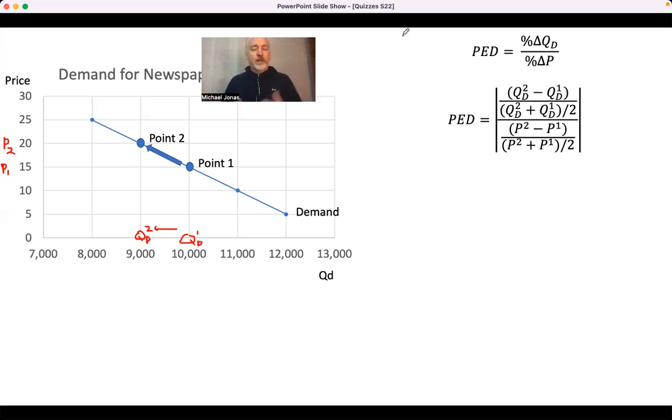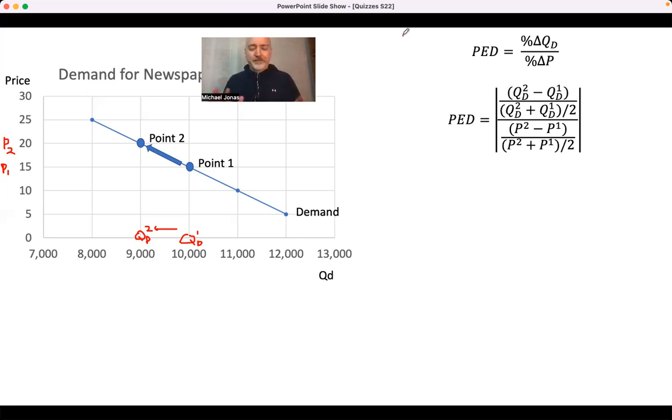The whole point is to give us a measure that's independent of the direction of the change. We don't need to know if it started at a price of 15 and went up to 20, or started at 20 and went down to 15. By using the midpoint, or the average of those 2 points, as the base for our percentage change, we'll get the same answer either way.